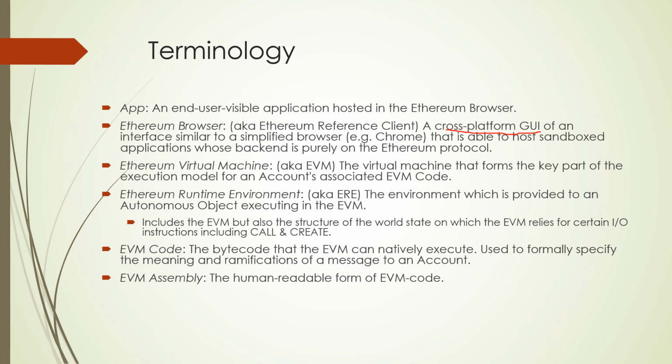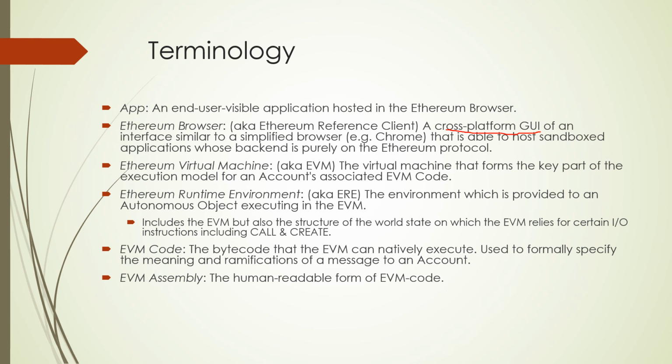So each account has EVM code, and that code is executed in the EVM environment. Ethereum runtime environment, or ERE, is the environment that is provided to an autonomous object executing in the EVM.